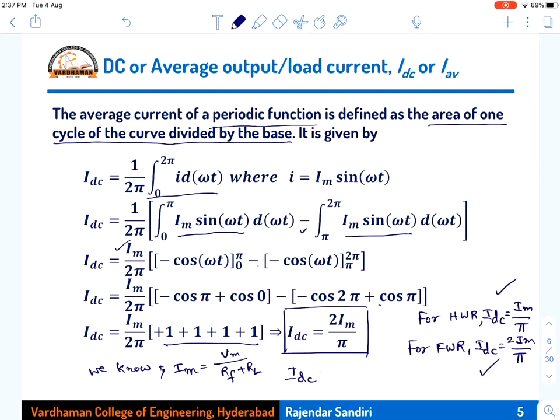IDC can be written as 2 into Vm by pi into Rf plus RL. So IDC in terms of Im is this one, and IDC in terms of Vm can be written like this, just by relating Im and Vm by the relationship Im is equal to Vm by Rf plus RL.